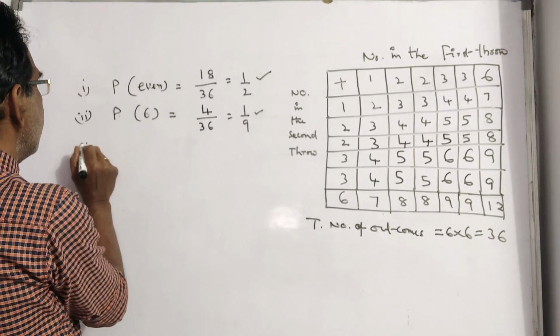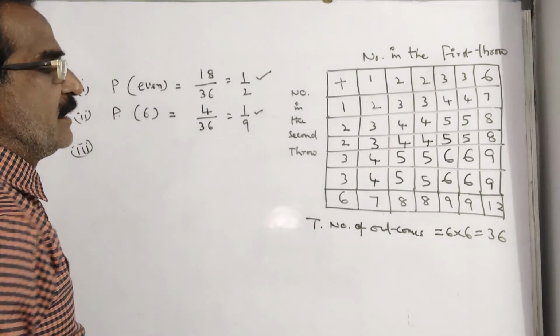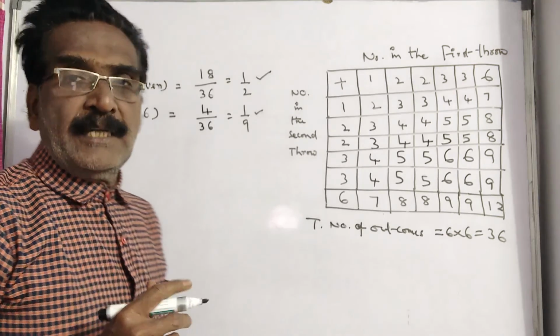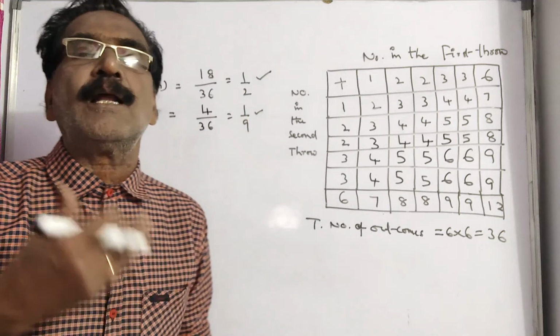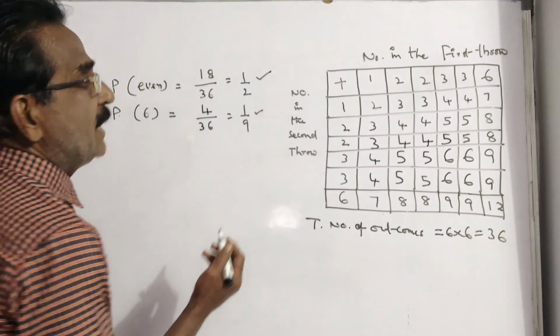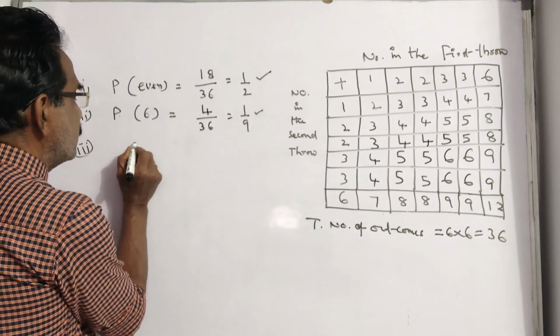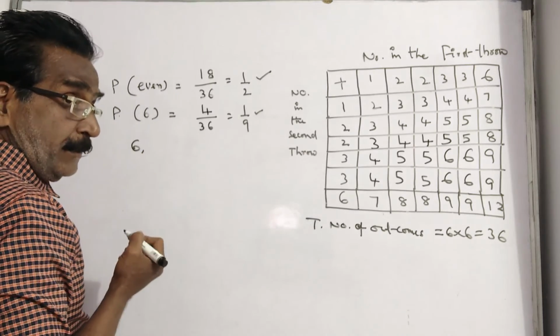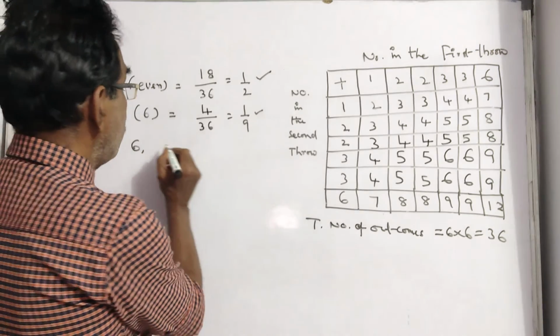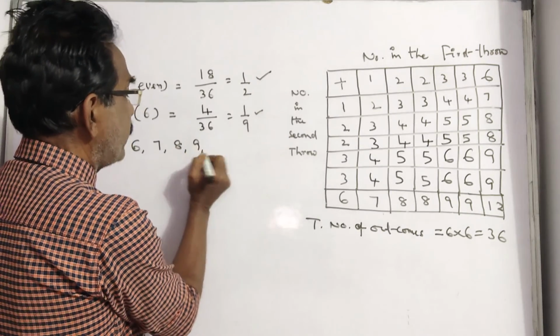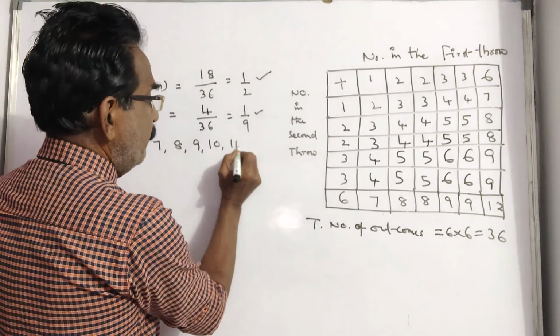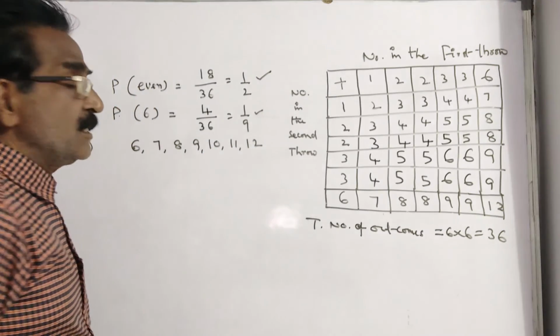And let us see the third one. Probability of getting at least 6. At least 6 means 6 or more than 6. So at least 6 means some may be 6, some may be 7, some may be 8, some may be 9, some may be 10, 11, 12.